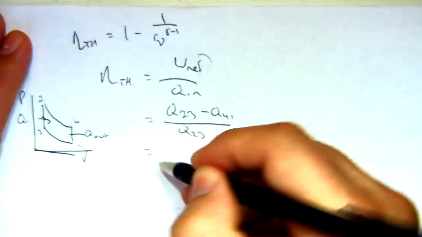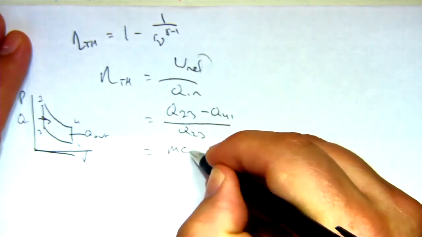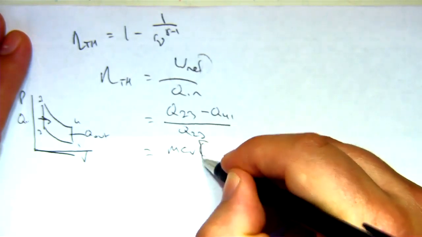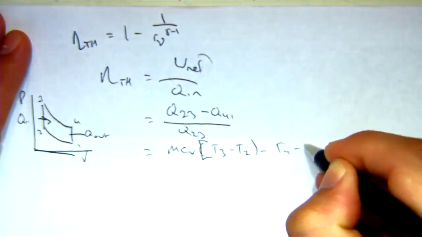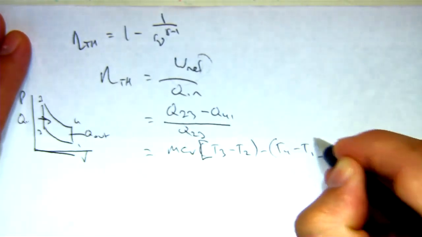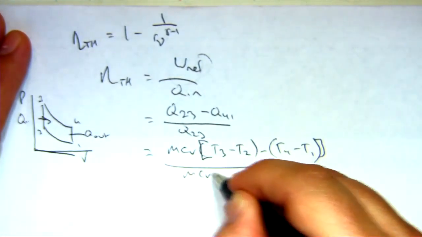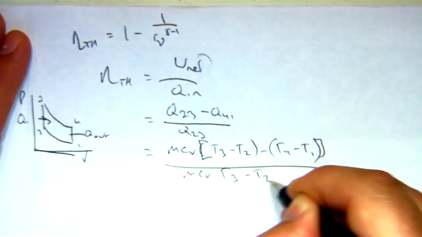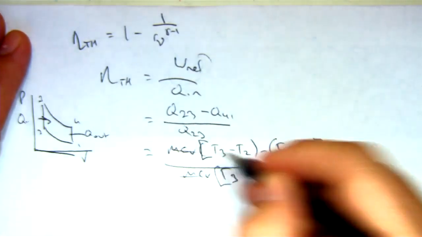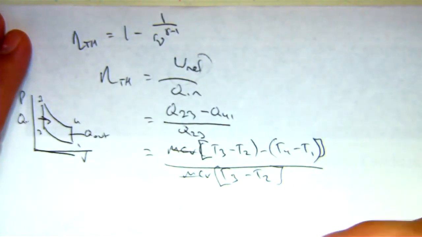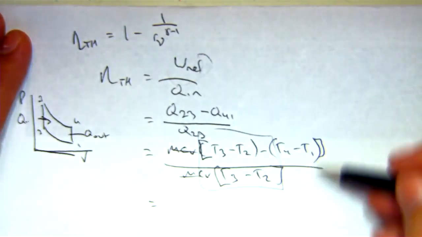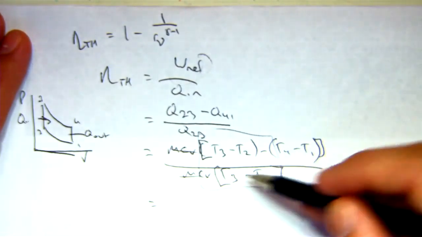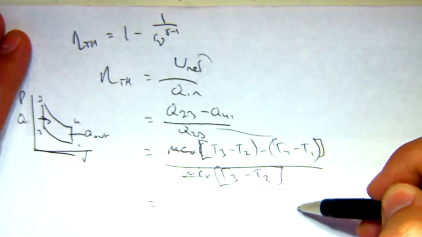And if I use my ideal gas law, I've got m c_v (T3 minus T2) minus (T4 minus T1) over m c_v (T3 minus T2). Obviously I can get rid of these guys. This cancels nicely, so what I'm left with is 1 minus (T4 minus T1) over (T3 minus T2).